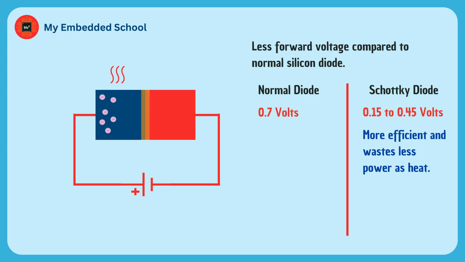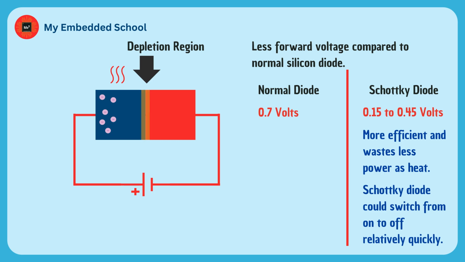The region where there are no free charge carriers is called the depletion region of the Schottky barrier, and it is extremely thin. This indicates that, in comparison to a typical diode, the Schottky diode could switch from on to off relatively quickly. A typical diode can only switch at a few megahertz, whereas the switching speed of a Schottky diode can reach several gigahertz.